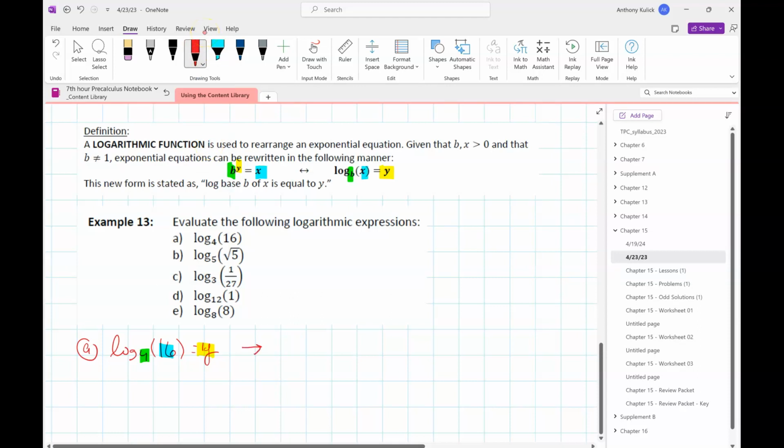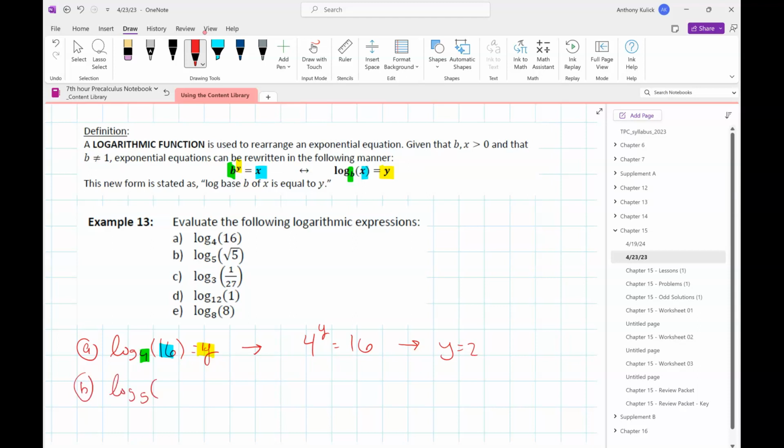So this says that I can rewrite this as b to the y is equal to x. So what power of 4 is equal to 16? Oh, come on, guys. It's not a hard question, is it? What power of 4 is 16? 2. Yeah, that's all.